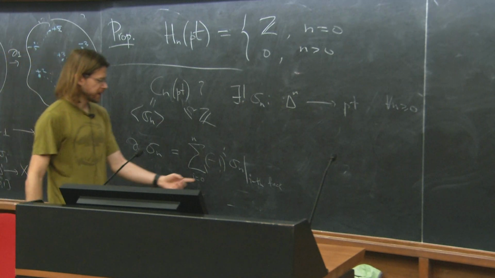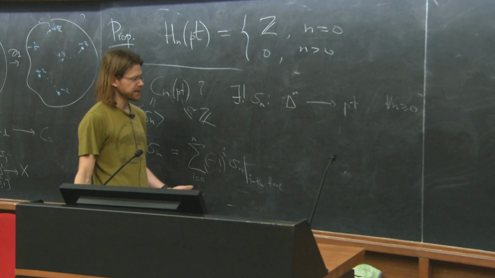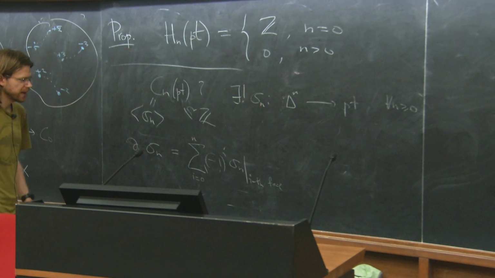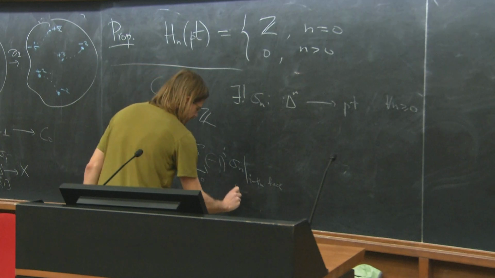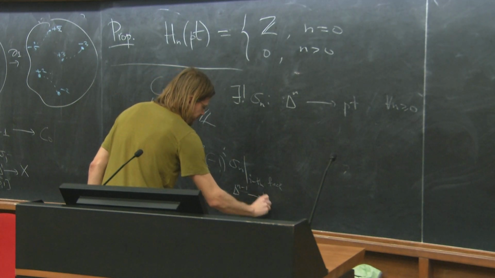But all these guys are the same, right? All restrictions are the same because from any n simplex there is a unique map, and any restriction will be a map from an n minus 1 simplex to x.